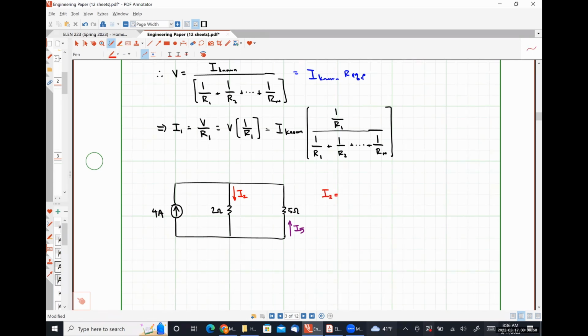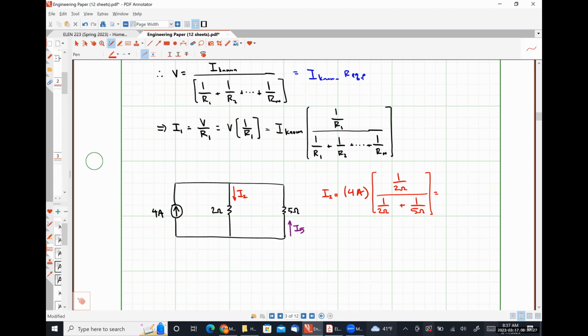Applying my current division equation, I'm going to have my known current of 4 amps. Since I'm finding the current through the 2 ohm resistor, I'm going to have 1 over 2 ohms divided by 1 over 2 ohms plus 1 over 5 ohms.